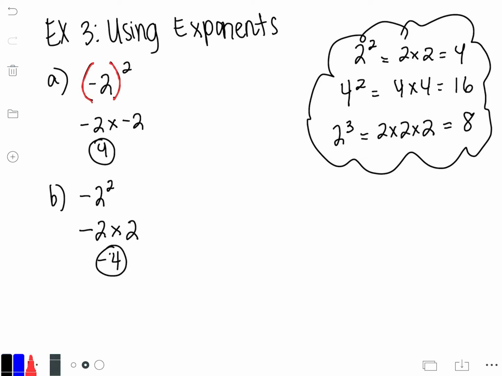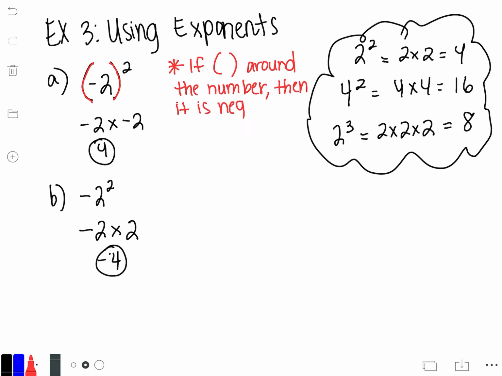So this is what I would do to make yourself a note, because this even confuses me sometimes. Sometimes I forget my rules. So if there are parentheses, I'm just going to make parenthesis signs to keep it short. If parentheses around the number, then it is negative each time, just like how I made this one negative and this one negative.